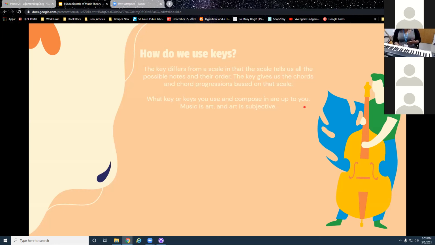Major keys tend to be referred to as a brighter key, while minor keys are usually referred to as darker, or maybe sadder. But that's also up to who's listening to it, and how you write the song. You could write a really sad song using, quote unquote, happy or upbeat chords or keys.